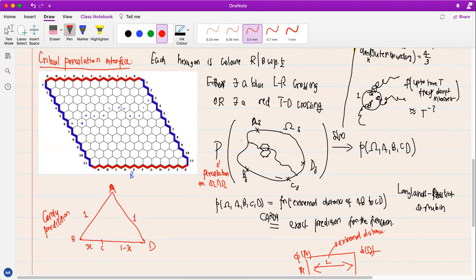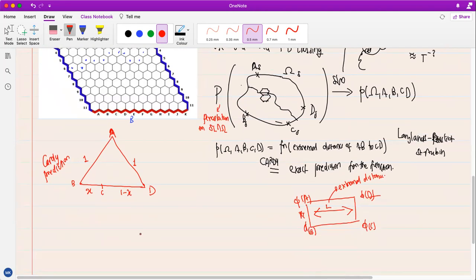Conformal invariance allowed Cardy to make an exact prediction in the following form: you can always conformally map it to this situation, ABCD, where this is an equilateral triangle. If you ask for the crossing event here, you are looking at the limit in this particular setting, and this is exactly X. On a rectangle it would involve the conformal map from triangle to rectangle, some hypergeometric function, but it is easy to state for an equilateral triangle.